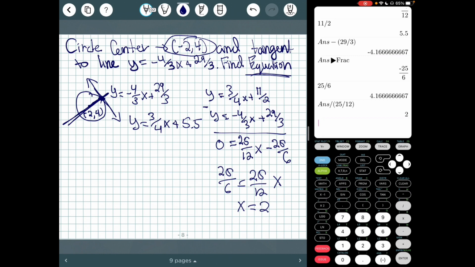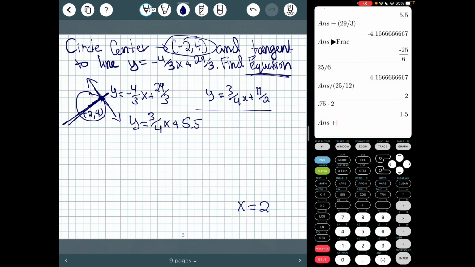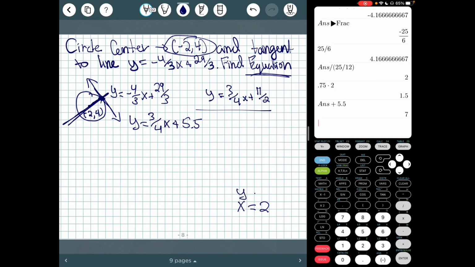Now we can get rid of all this since we know what the x is, and we can just plug x into one of the equations. Let's pick this one since that's the one I didn't erase. 0.75, which is 3 over 4, times 2 plus 11 over 2, which is 5.5, and we'll have 7. So y equals 7.